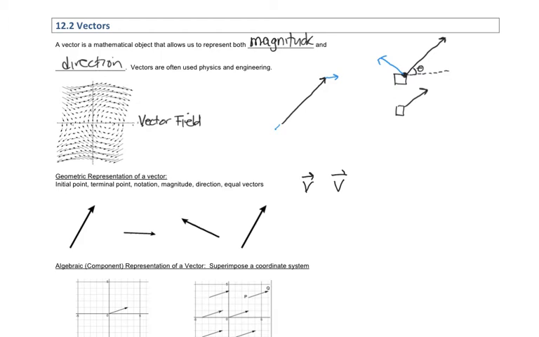In a book, the way they represent a vector is to use boldface. But rather than having to change my pencil every time or draw really thick, we use the arrow on top. The magnitude, I already said, is the length. We are going to use the length to express relative magnitudes.